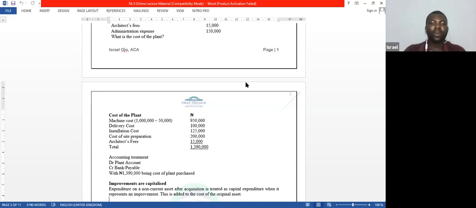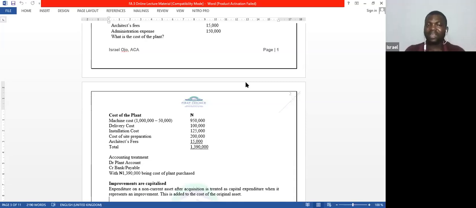After that, there are some things that we now need to clarify. We have what we call capital expenditure and revenue expenditure. Capital expenditure is an amount that we incur on non-current assets to increase the performance of the non-current assets.